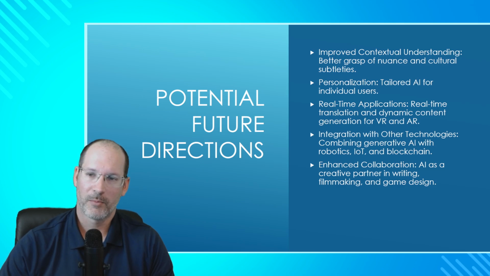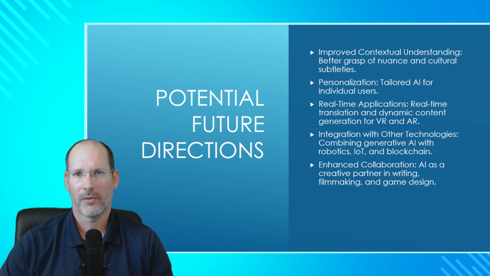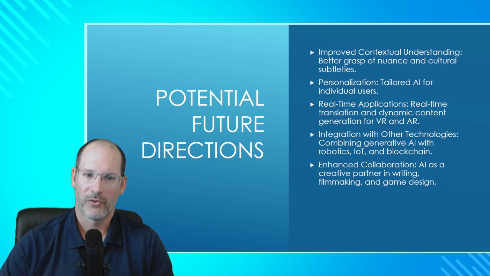And then similar to how that was connected, AI being tailored to individual users. Now, we're starting to see some of this coming about with some of the advancements on Apple software with Siri and its Apple Intelligence.